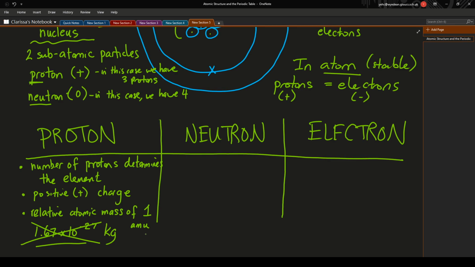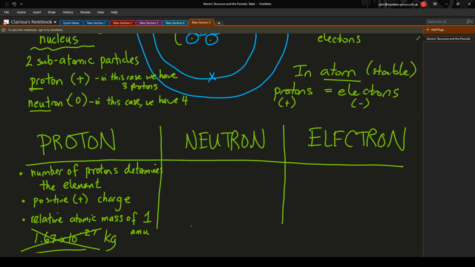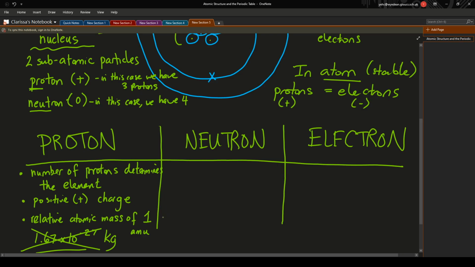And we also notice that the neutron weighs nearly exactly the same as a proton. So we decided, okay, makes things easier. Relative atomic mass of a neutron is also 1.